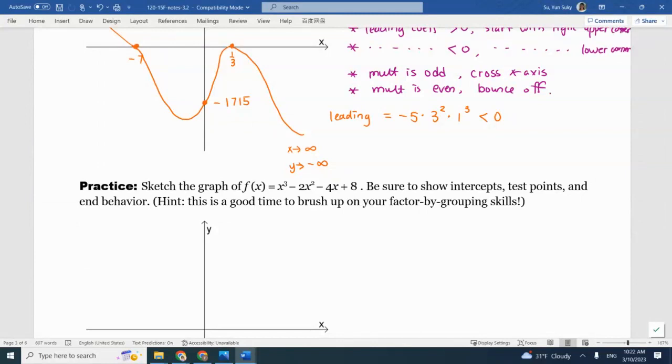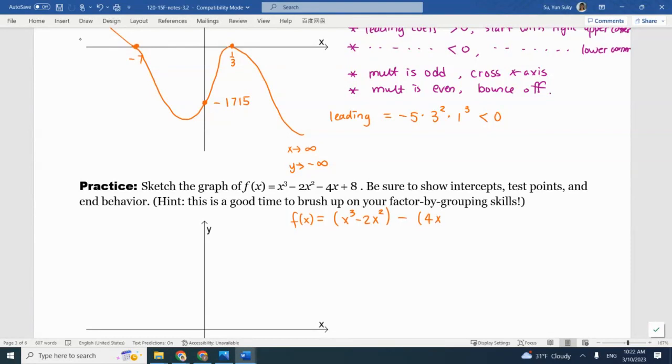When we have 4 terms, usually how you factor is, you look at, do we have a common factor? No, 8 does not have an x, so we don't have a common factor. Right, everybody? Then we group the first 2 terms together and group the last 2 terms together. So f of x equals, group the first 2 terms, group the last 2 terms.